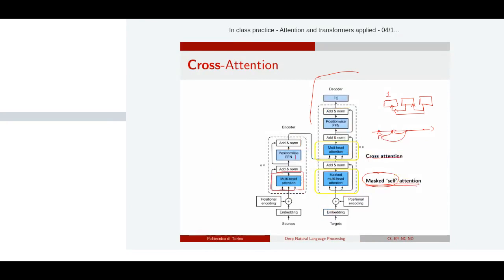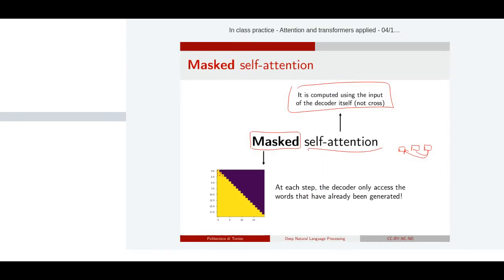This is why I have an attention mask similar to the one I have here. It's actually a triangular matrix, because I can only pay attention to the words that come before and that I have already generated. Is it clear? I don't know if there are questions online. No questions online? Okay.